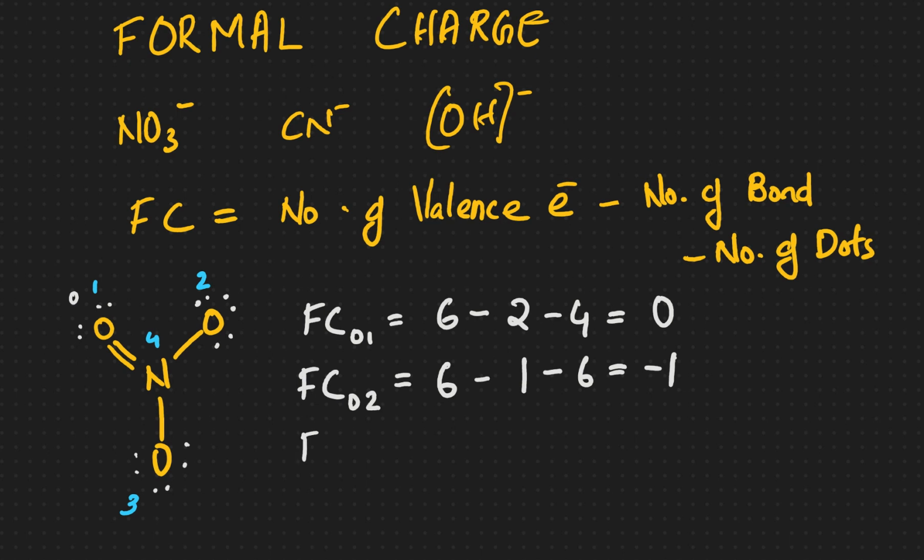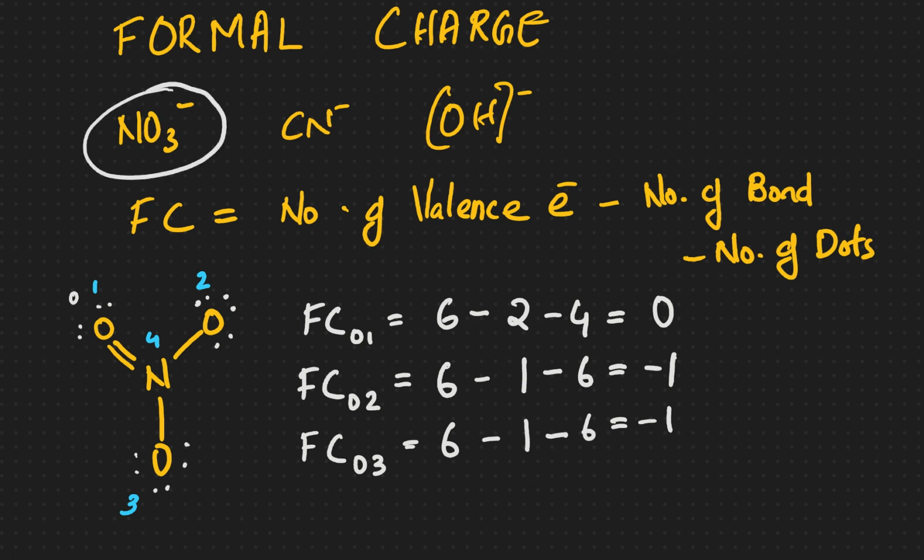And going to oxygen number 3, it is 6 minus 1 bond minus 6 electrons for 6 dots, so minus 1. So now it is 2 minus charge, but as you can see here it is only 1 minus charge. So how does it become 1 minus charge?